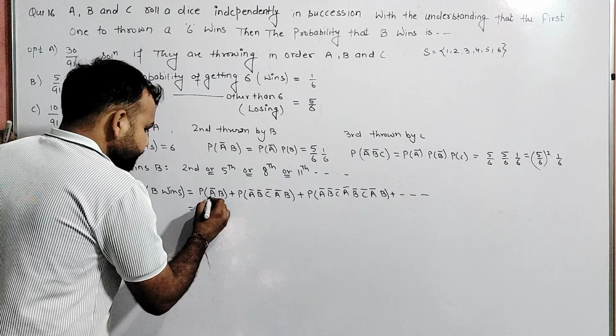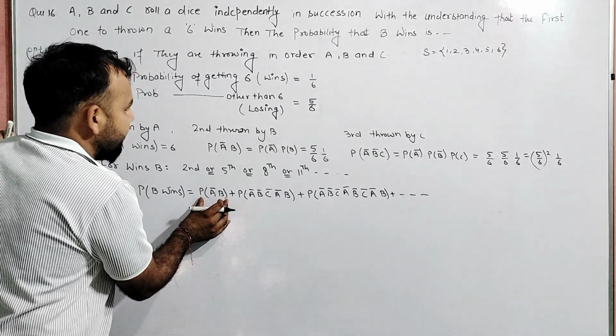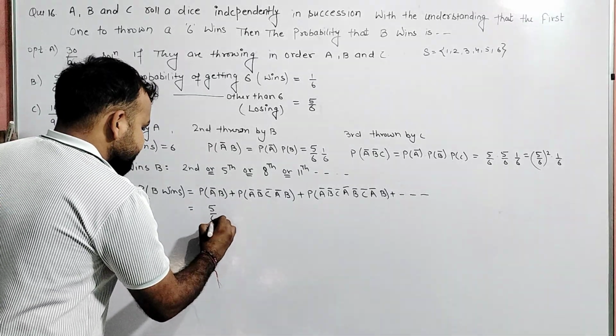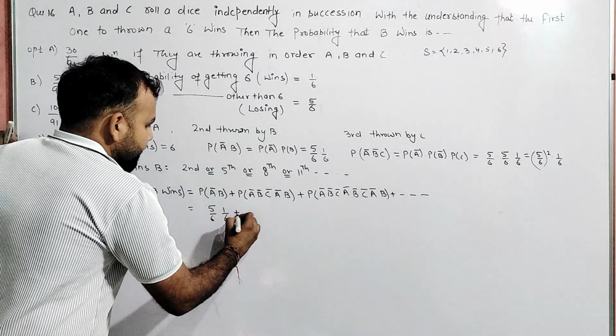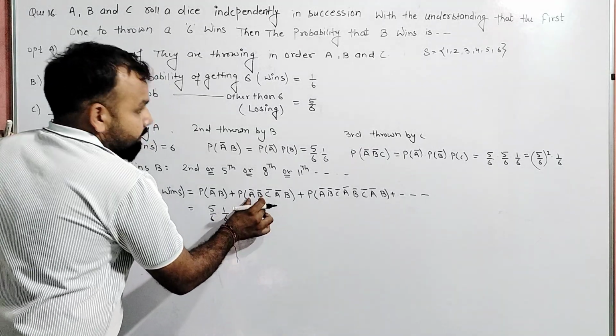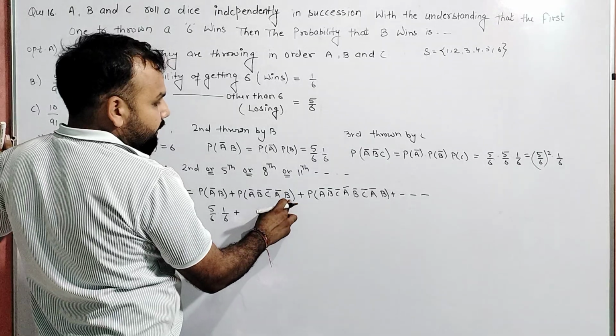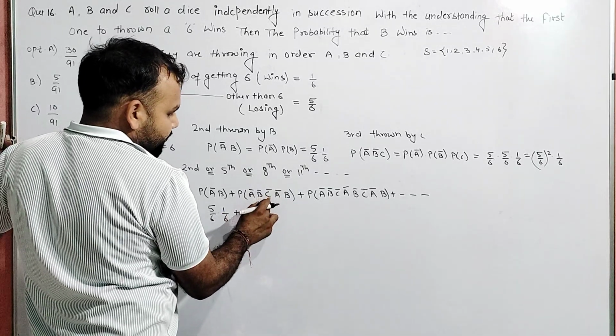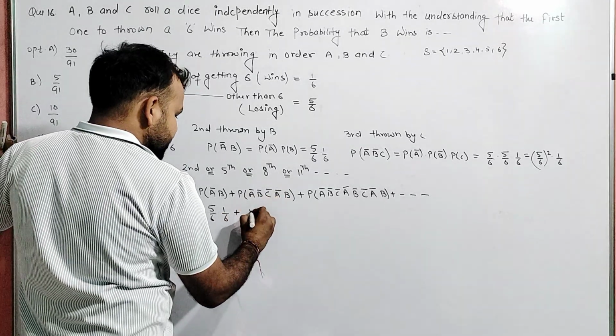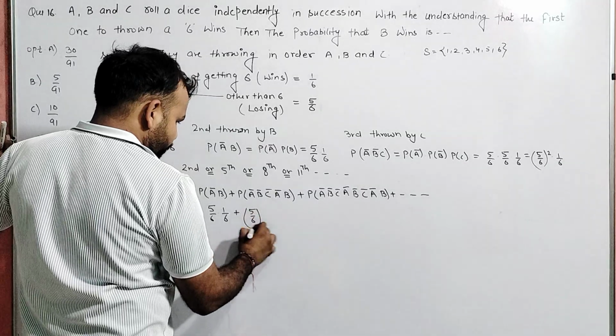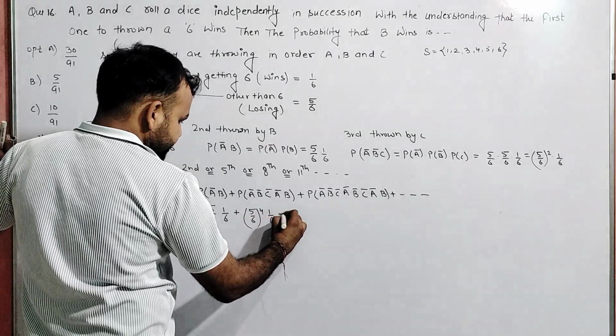So students, probability of A bar into B is 5 by 6 into 1 by 6, plus P of A bar, B bar, C bar, A bar, B: 5 by 6, 5 by 6, 5 by 6, 5 by 6, and 1 by 6. That means 5 by 6 to the power 4 into 1 by 6.